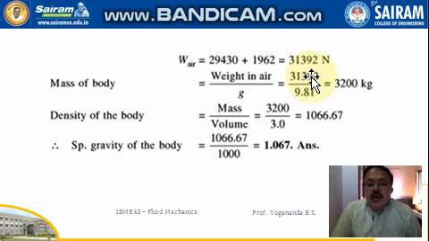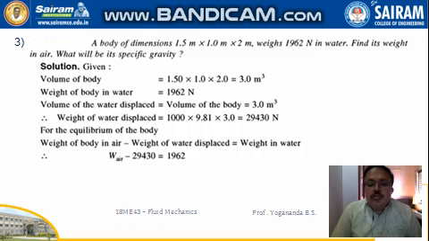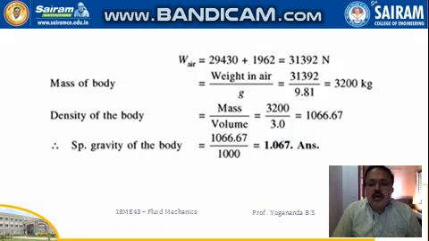We are getting 31,392 Newton. So weight of the body in air is 31,392, and weight of the body in water is 1962 Newtons. So naturally we have the difference. Weight of the body in the air is more than the weight of the body inside the water.